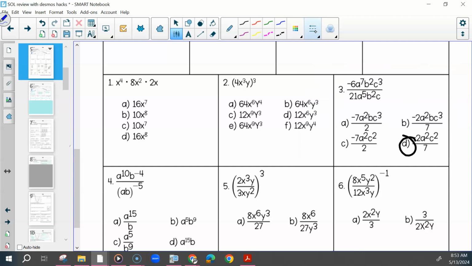So using your exponent rules, we are dividing like bases, so we can subtract our exponents. We can actually divide the -6 and 21. 3 goes into both of them, so I divide them both by 3. We have -2/7.